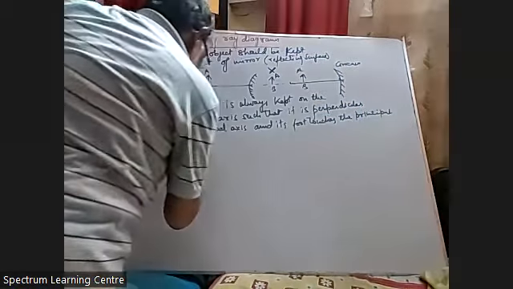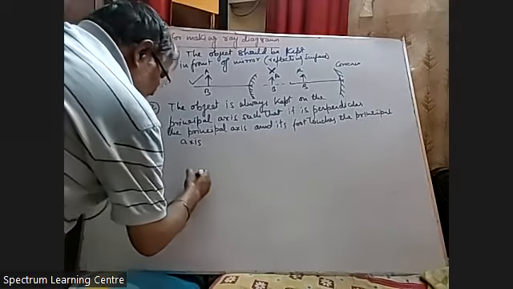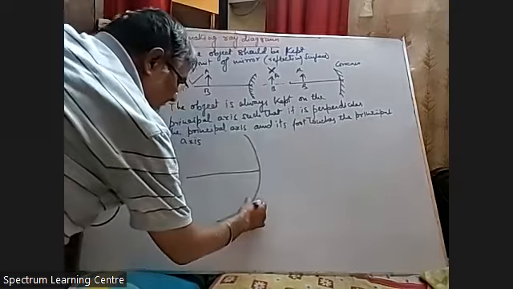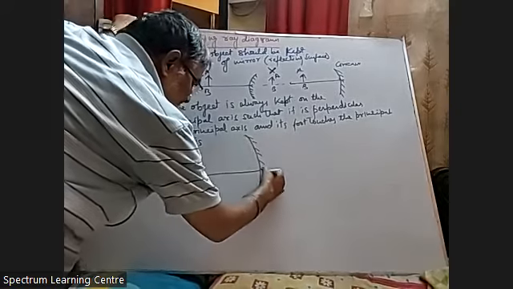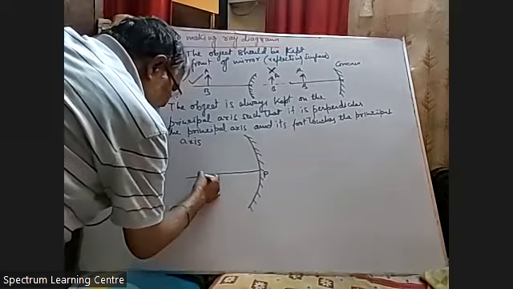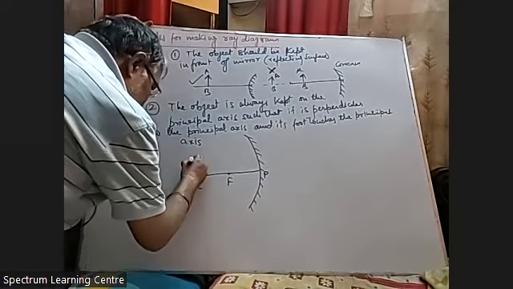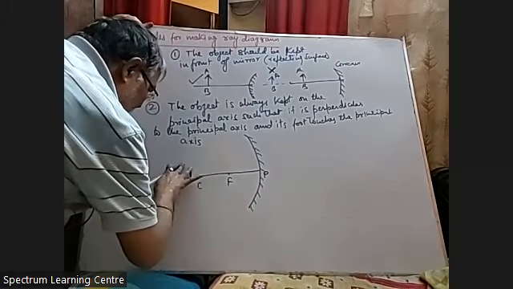It means you should show all this using diagrams. This is the principal axis. This is the mirror. This is the pole. Say this is the center of curvature. This is the focus. The object is kept somewhere here, or I will make the object a little larger.